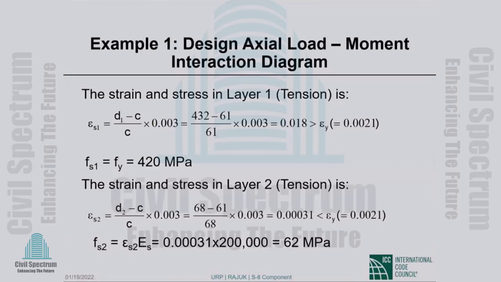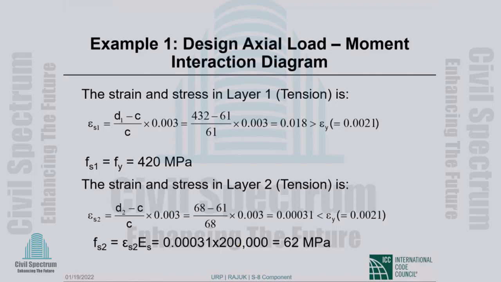The strain in the upper layer of reinforcement is 0.00031. That steel is in tension. The neutral axis depth is shallower than 68, but it is a small tension. It is definitely not yielding in tension. The stress in the upper layer of reinforcement is the strain of 0.00031 multiplied by E sub S, the modulus of elasticity of the steel.